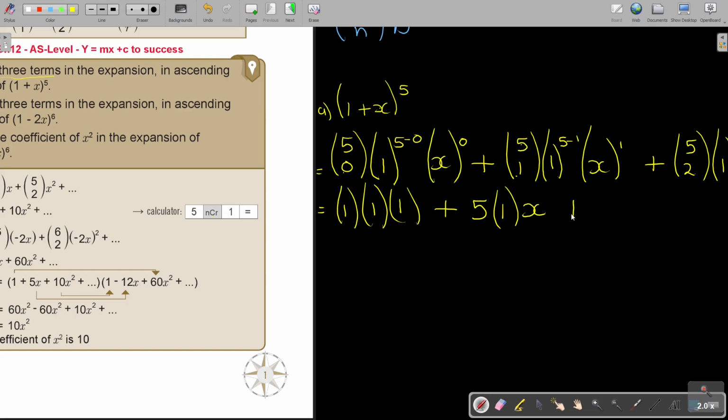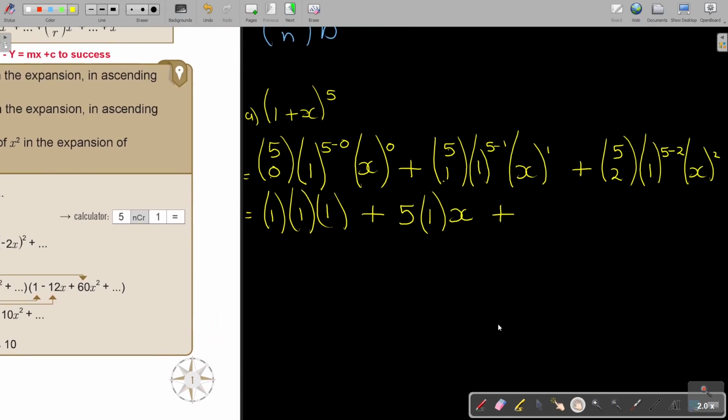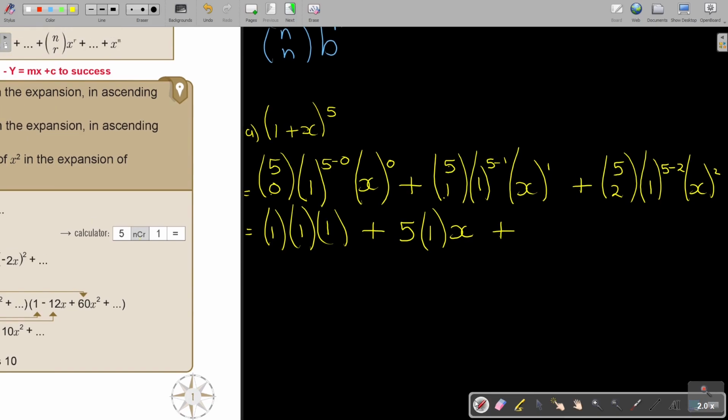And then if I press again 5, nCr, and then press 2, you will get 10. Then 1 to the power anything will just be 1, and this will be x squared. So basically, this was just 1. It's all about that 1. And this was 5x, and this was 10x squared.